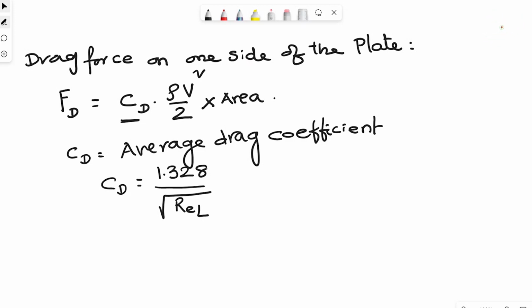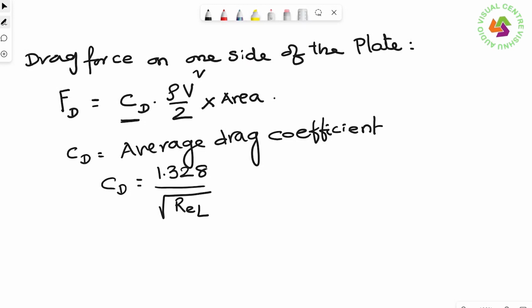That means we calculated the Reynolds number at distance x, at the point where we want it. But now, when calculating drag force on the entire plate, you need to calculate the Reynolds number at the length L, at the edge of the plate.